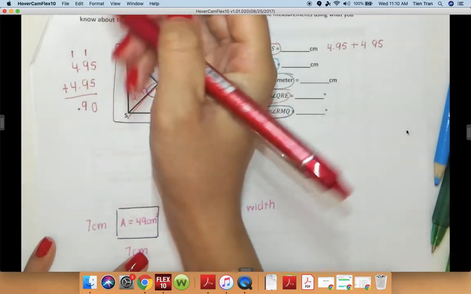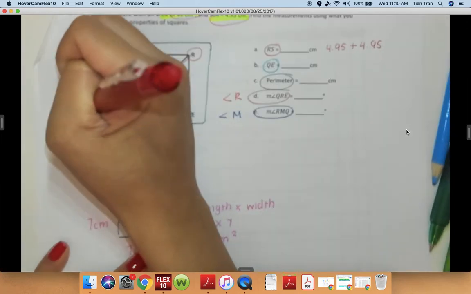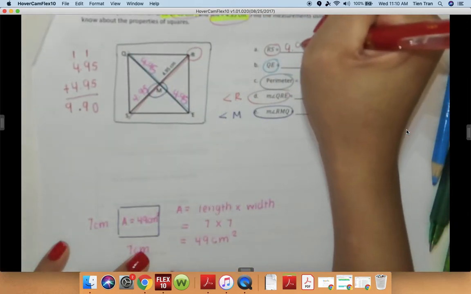Bring down my decimal because I'm adding, I bring it straight down. 4 plus 4 is 8, plus 1 is 9. So I get 9.9, okay?